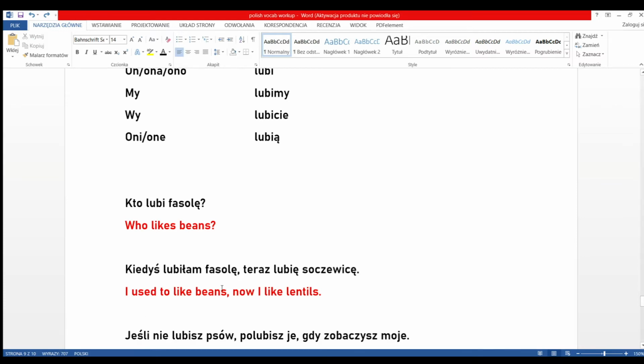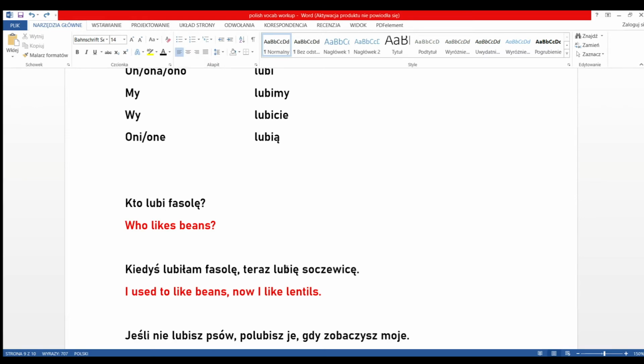I used to like beans, now I like lentils. This is now I like, so continuous, kind of. As well, you cannot say polubię soczewicę, okay? Because if you say now teraz polubię soczewicę, it means that now I will like lentils.